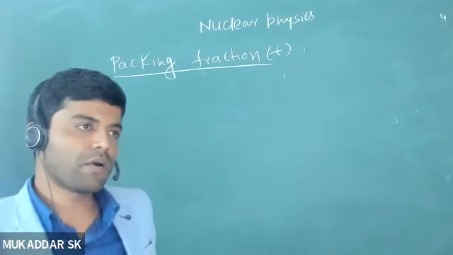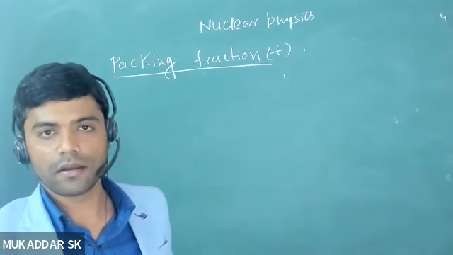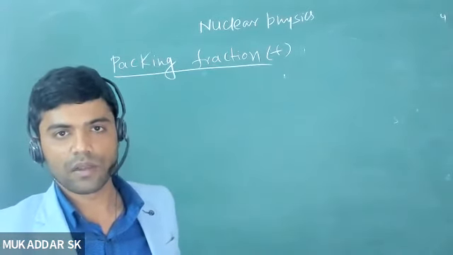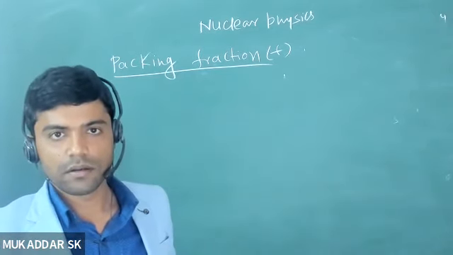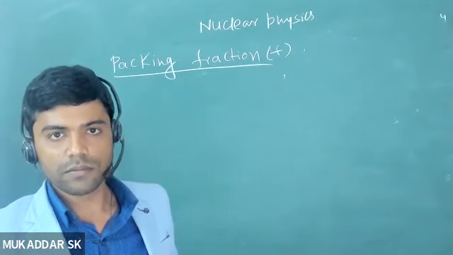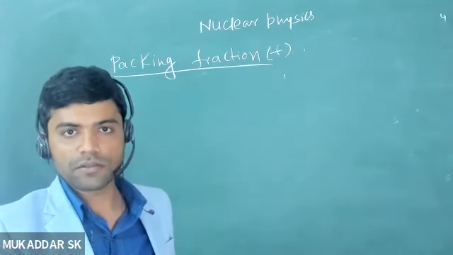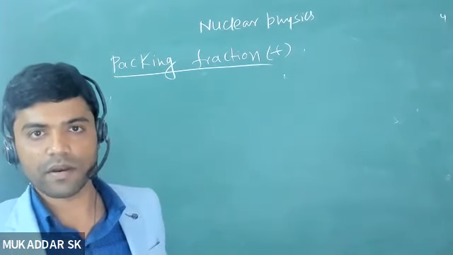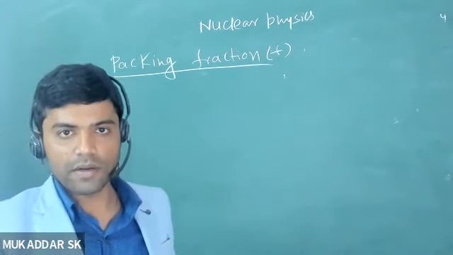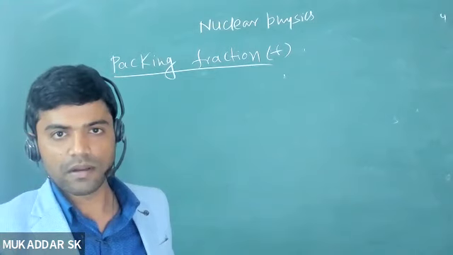And also if the mass number is high, then binding energy per nucleon is actually less. It means they are unstable. So for low mass nuclei the packing fraction will be positive, for heavy nuclei also positive, and for intermediate nuclei the packing fraction will be negative.